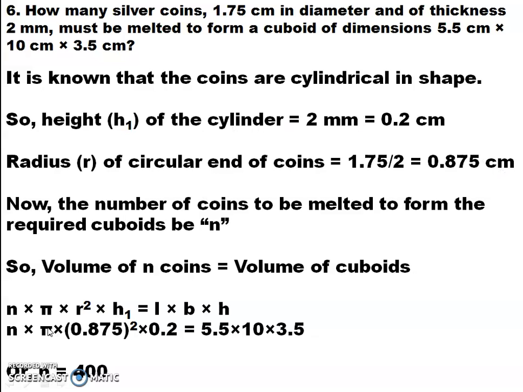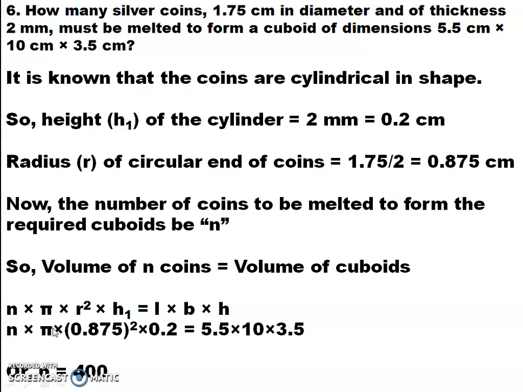What is the volume of this cylinder? It is pi r squared h. N into, what is n? Number of coins, okay? Into L into B into H. Pi, I'll take as 22 by 7. I'll tell you why I am taking 22 by 7: 0.875 will go in 7.